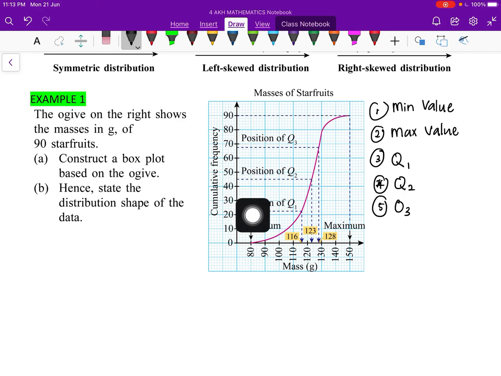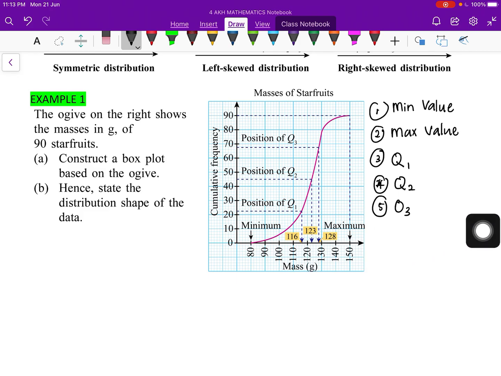Jadi, dalam graf ini, dia telah positionkan our quartiles. So, minimum value, you can just take from here. Tengok kita punya ogive. So, titik paling minimum, mass dia adalah 80. Okay.